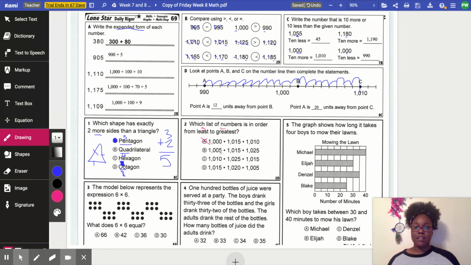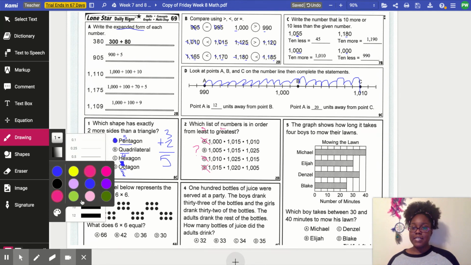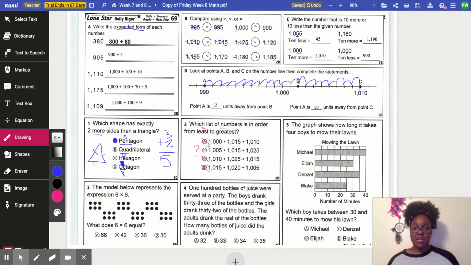This one goes 1,005, 1,015, 1,025. Maybe. This one goes 1,010, 1,025, 1,015. No. 1,015, 1,020, 1,005. No. So the correct answer is letter B.